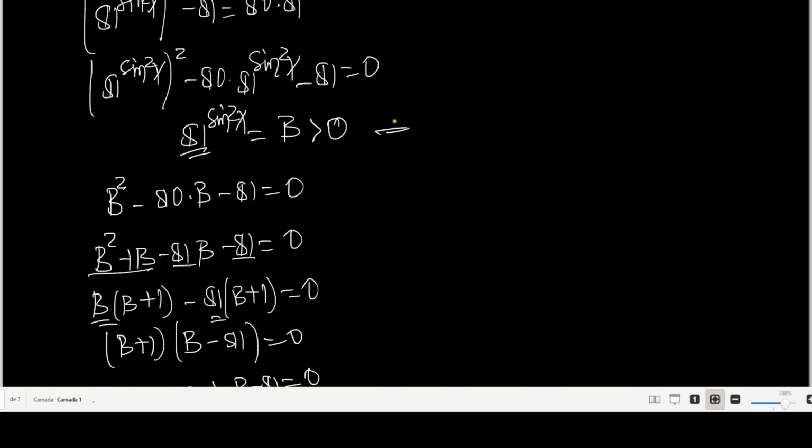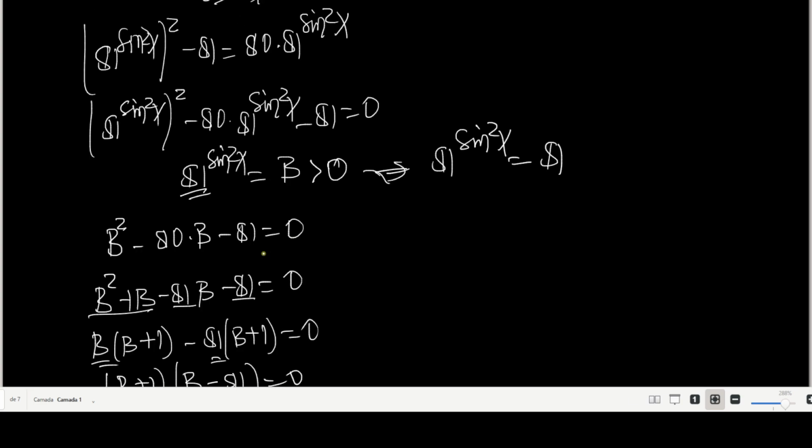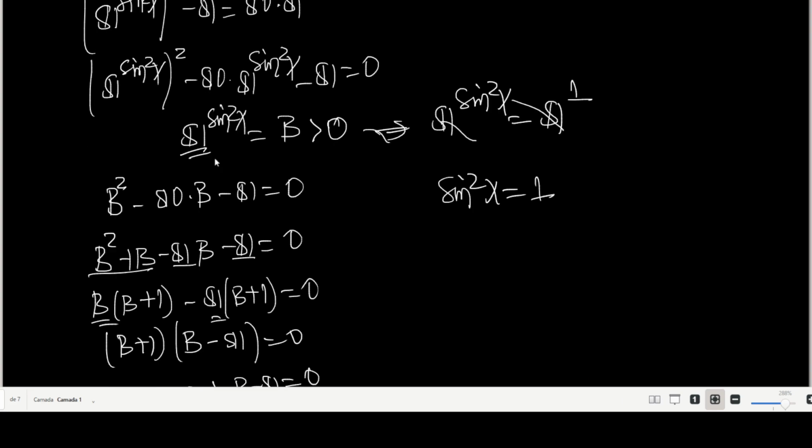So 81 to sin square of x equals 81, which is b2. Then sin square of x equals 1. Taking the square root on both sides, sin of x is plus or minus square root of 1, which is plus or minus 1.